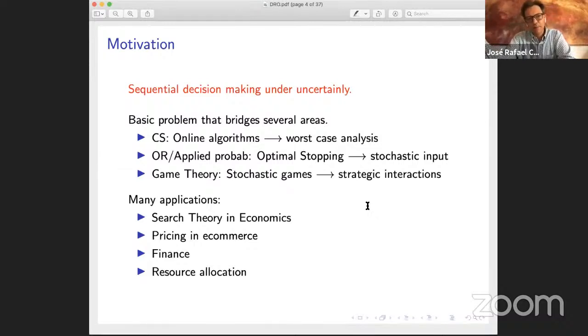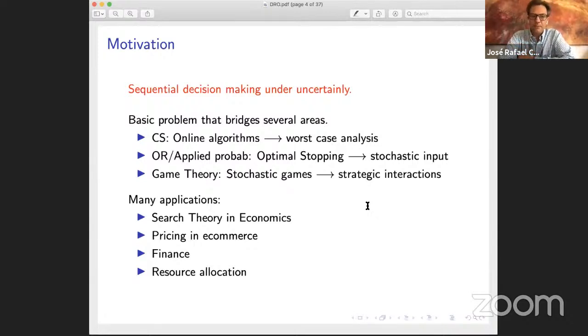The OR and applied probability community has also studied this for a long time. But there, the typical question is, what happens if the input, instead of being adversarial, is stochastic? Somehow there is some distributional assumption behind the data that's coming, and we have to make decisions on the fly.